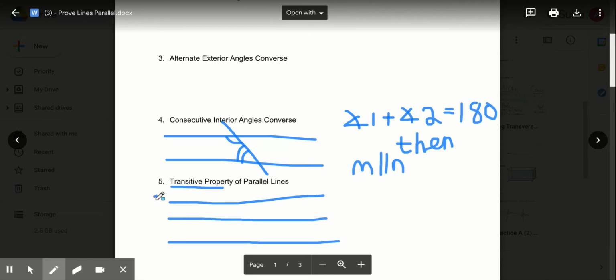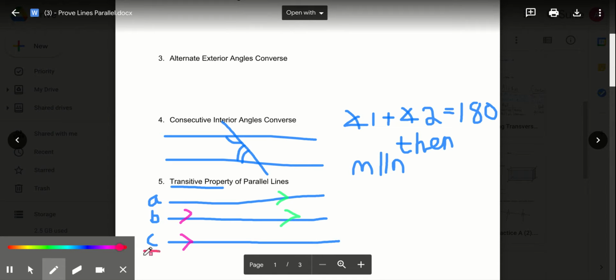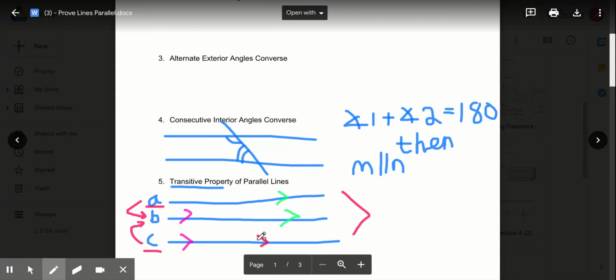Basically what it says is if I have A, B, and C, and I tell you that C is parallel to B, and I tell you that A is parallel to B. If two lines, C and A, are both parallel to the same line, B, well then they must be parallel to each other, right? They must be parallel to each other.